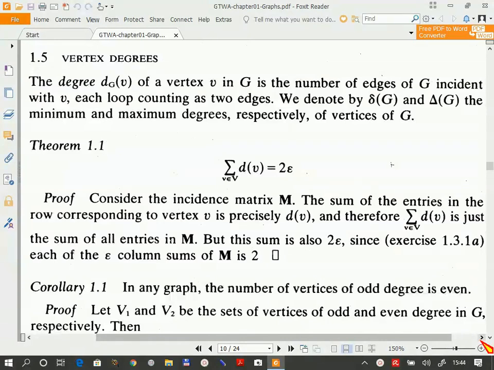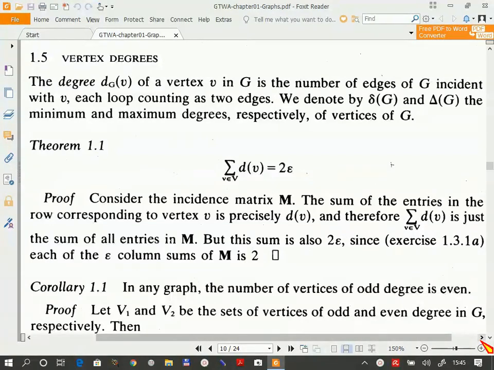So the sum of all degrees is the number of edges, but counted twice, so the number of edges times 2. Two ways of saying the same thing, but the simplest one is surely the incidence matrix. Any problems about this proof?